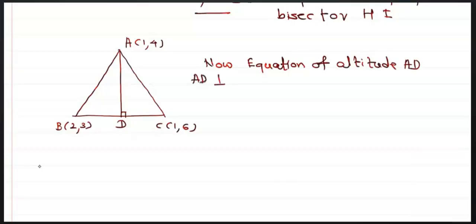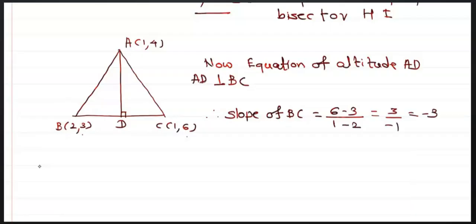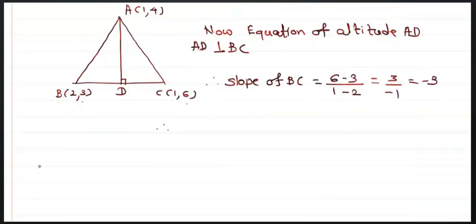Equation of altitude AD. AD is perpendicular to BC. Slope of BC is equals to 6 minus 3 upon 1 minus 2, 3 upon minus 1, that is equals to minus 3.